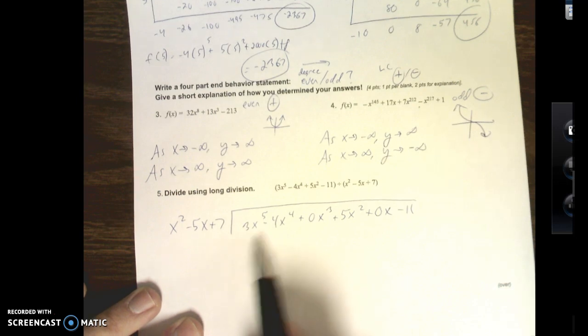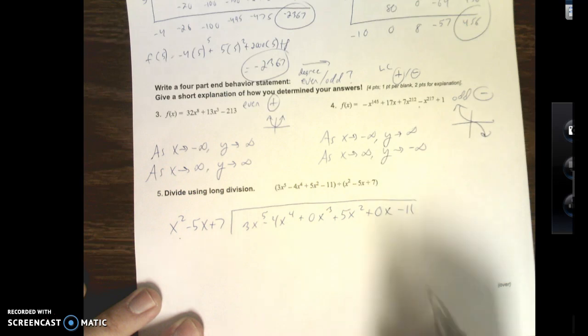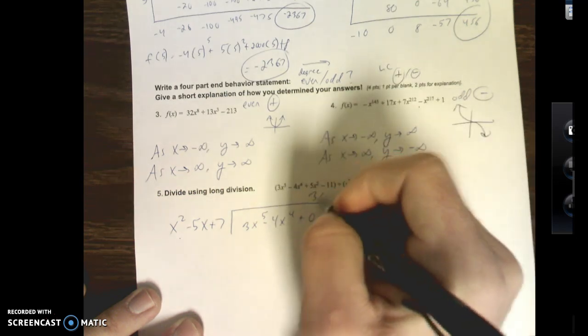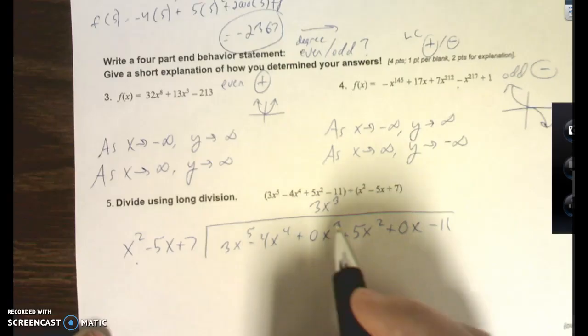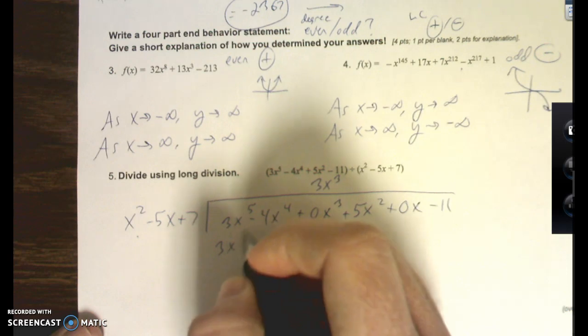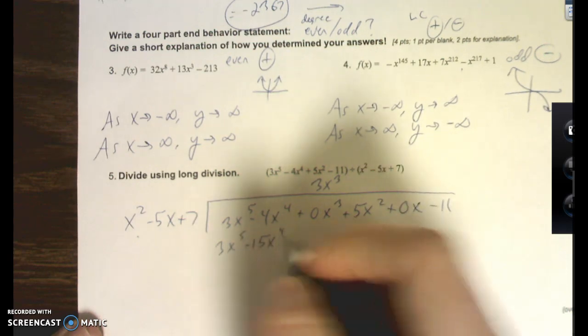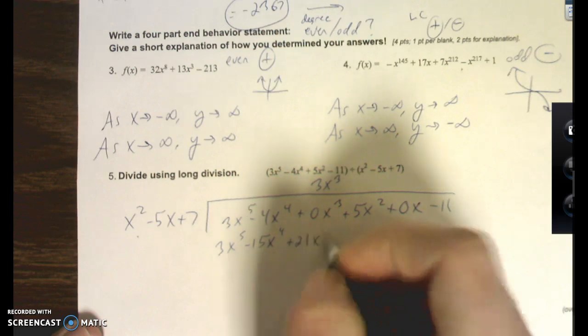What times x squared gives you 3x to the 5th? 3x to the 3rd. So I come to my x third column, and I multiply this to all three terms over here. I'm going to get 3x to the 5th minus 15x to the 4th plus 21x to the 3rd.